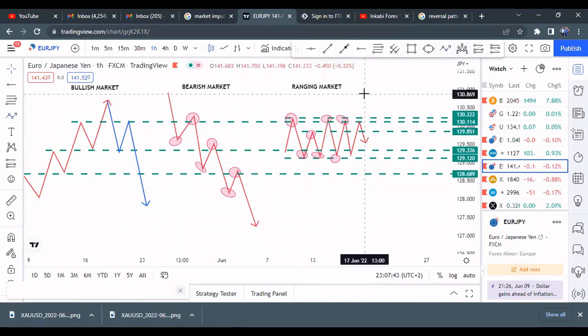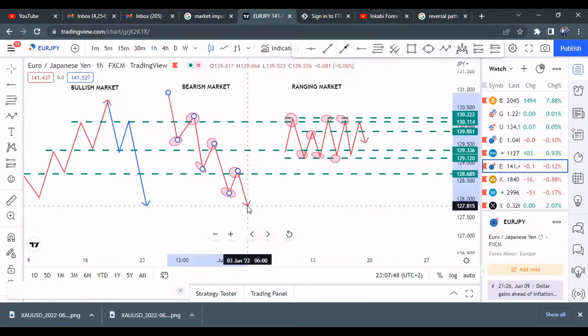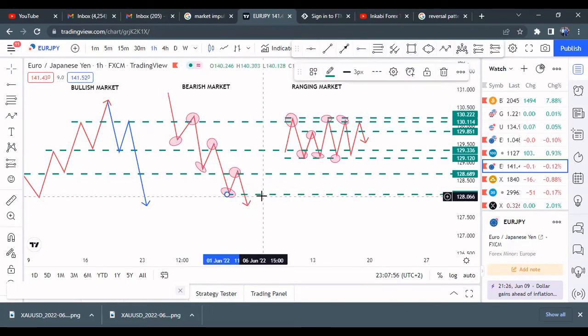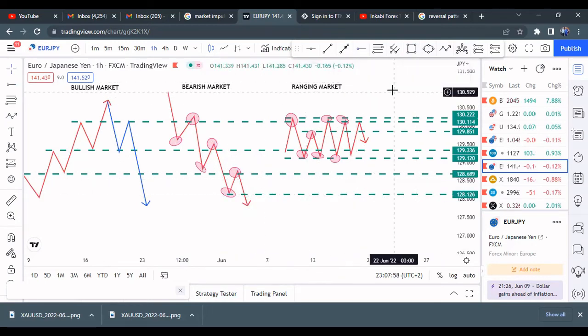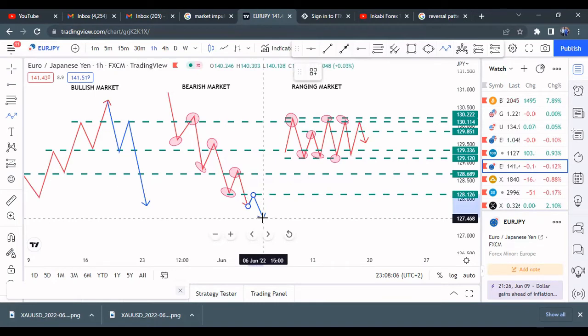So then let's say from here we're expecting price to continue going downwards, right?